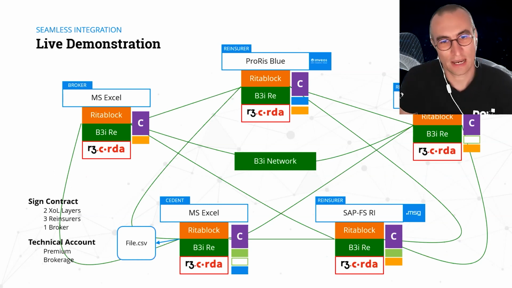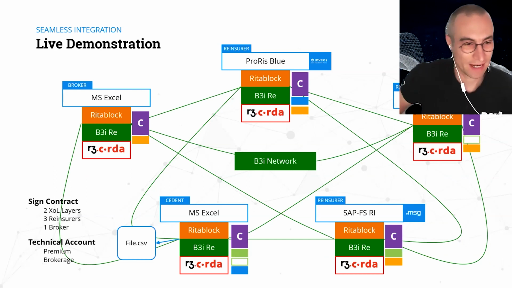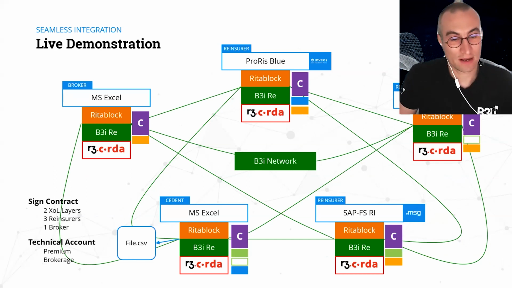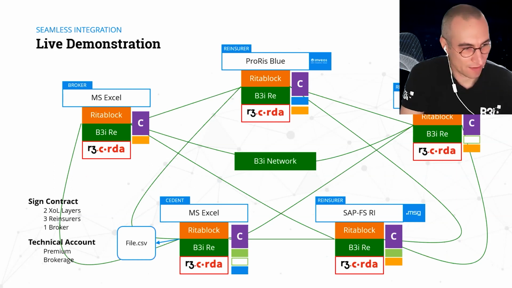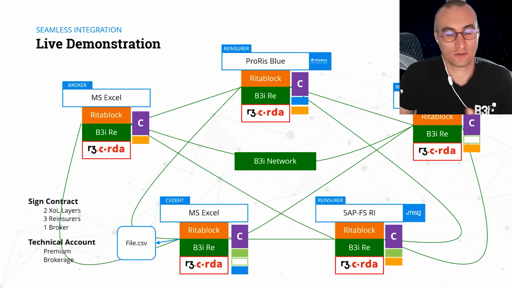Once the contract is signed, it is the moment where the single version of the truth is generated for everyone, and that is the time when the technical accounting starts to be generated, or, as I answered the question in the chat, can be associated.